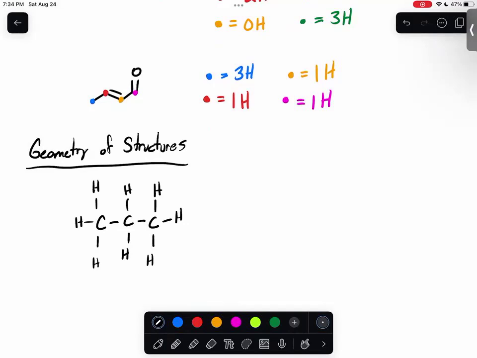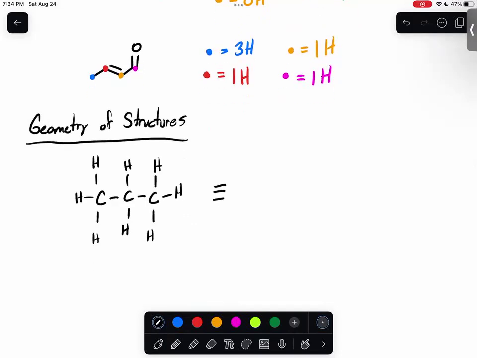But whenever we're looking at these bond line structures, if we convert this, we couldn't put all of those carbons in a straight line because it would look like this, and that's not a very useful way of looking at things, because you can't tell where any of the carbons are. That's why whenever we're drawing these bond line structures, we draw them at angles.